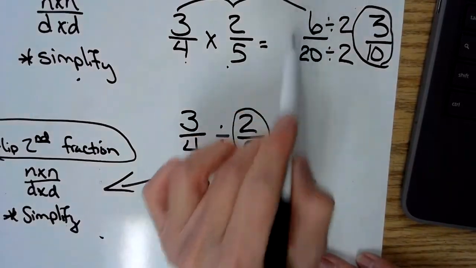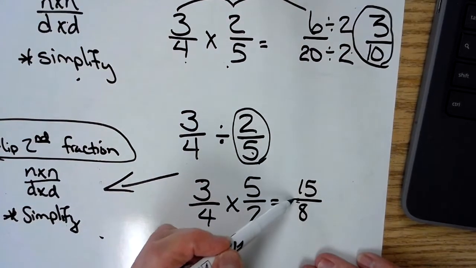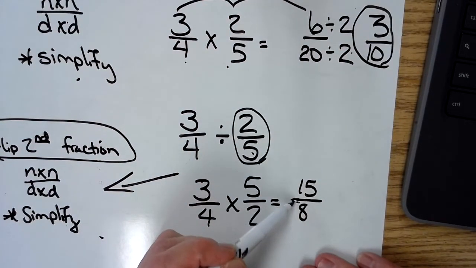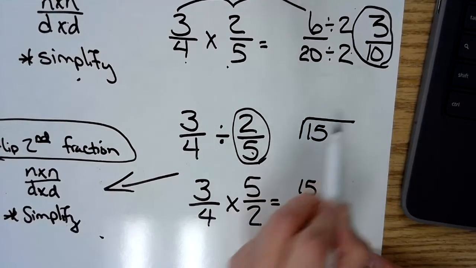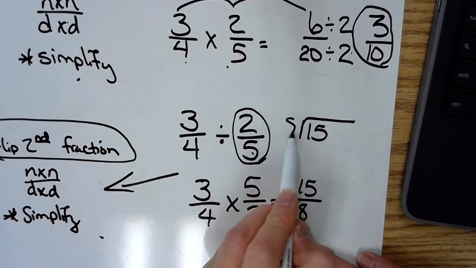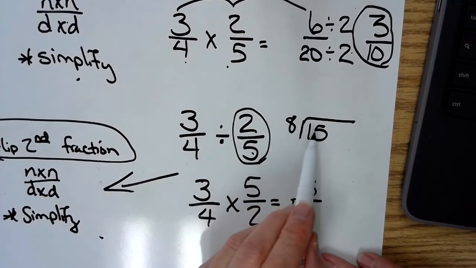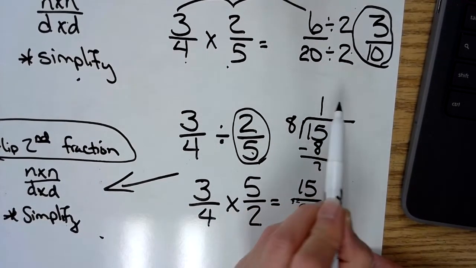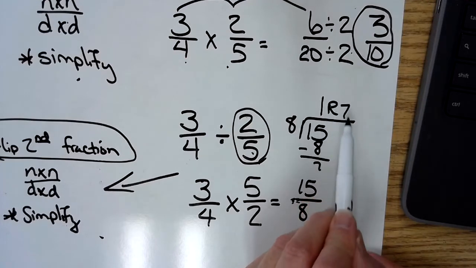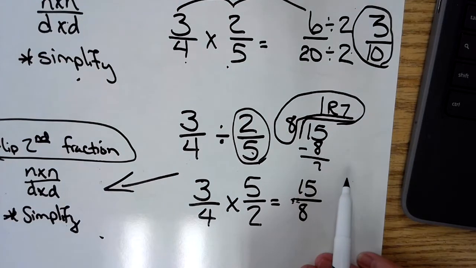Up here, I had a proper fraction, but it just needed to be reduced. This one's improper. That needs to be turned into a mixed number. To do that, I use division a different way. I put the numerator in the house and the denominator on the outside. 8 goes into 15 one whole time, and the remainder is 7. This turns into a mixed number.